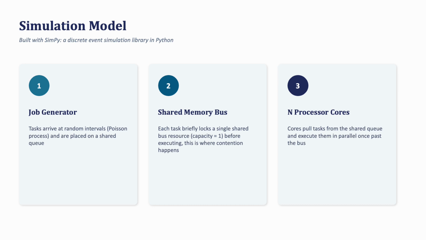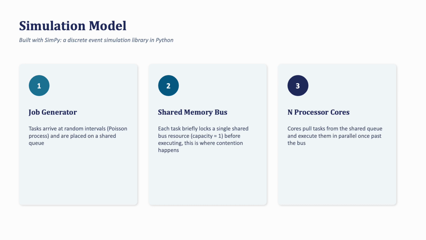Next, we get to the third part of this model, and that is the processor cores. The cores will pull tasks from the shared queue and execute them in parallel, but only after they are past the bus.